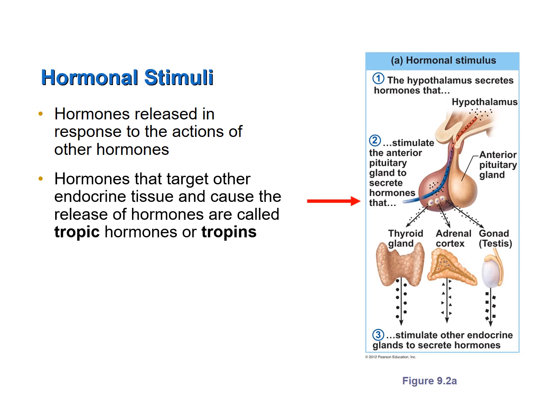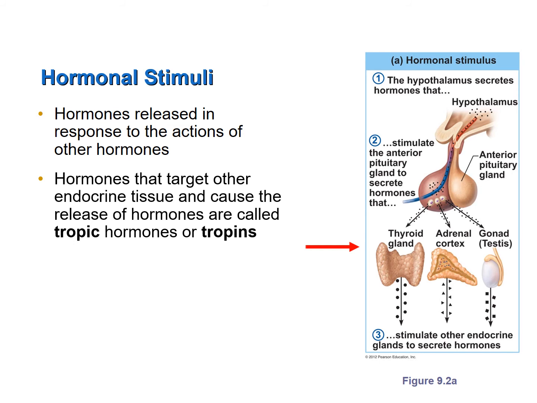The anterior pituitary gland secretes hormones that target the thyroid, causing the thyroid to release hormones. It produces tropic hormones that target the adrenal cortex, causing the adrenal cortex to release hormones. It also produces tropic hormones that target the gonads, the ovaries and the testes, causing them to release their own hormones.